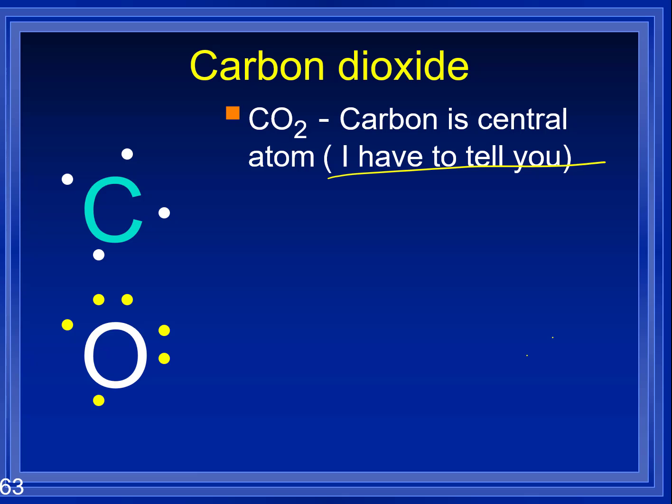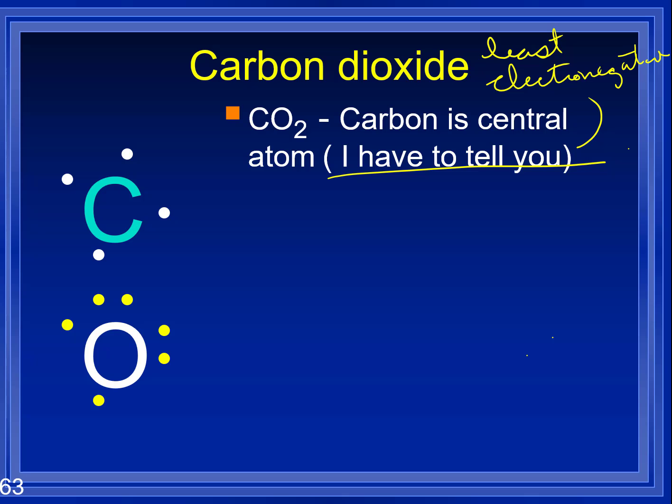I really don't have to tell you. Eventually, we'll be able to figure it out. Most often, if you got 3 atoms, something's got to be in the middle, and it's usually the least electronegative, because it's more willing to share. The other way it would be is the one that can make the most bonds.